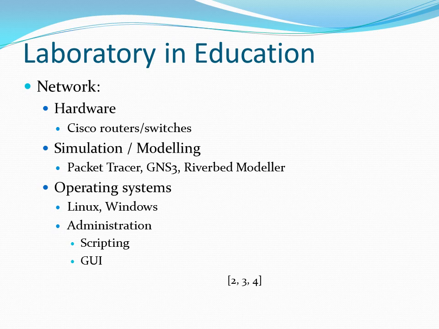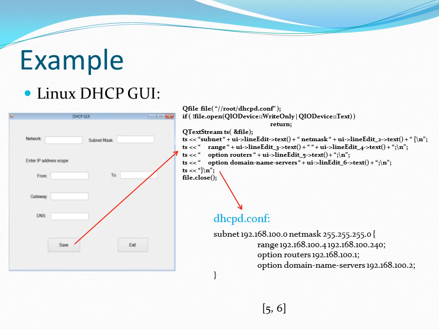We also look at the operating systems, the network operating systems. Obviously we consider Linux and Windows. We look at administration using scripting and graphical user interfaces. So one example of these network operating systems and administration type laboratories is, first of all, we would get the students to configure a DHCP server in Linux, and then we look at how we can develop a graphical user interface to configure the DHCP server.